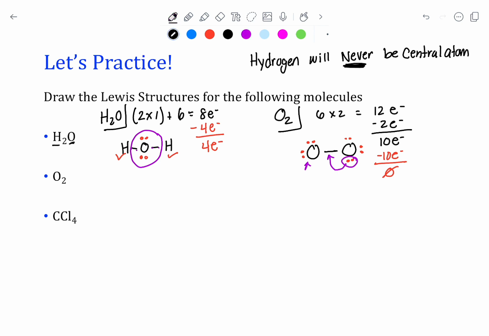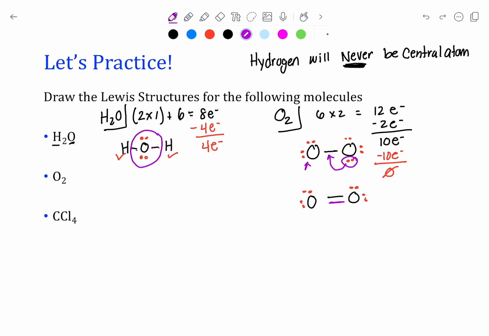So this becomes oxygen bonded to oxygen. This oxygen still has 2 lone pairs. This oxygen now has 2 lone pairs, because its 3rd lone pair is now shared in between the oxygens with a double bond. So we can double check. This oxygen now has 8 electrons around it, and this oxygen now has 8 electrons around it.